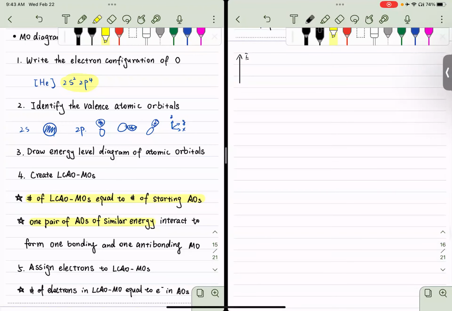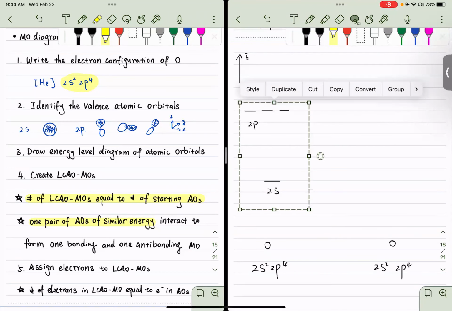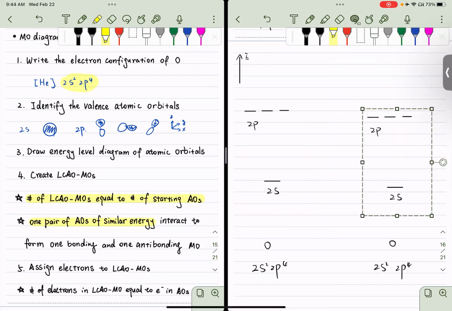We're talking about oxygen with valence atomic orbitals 2s2, 2p4, and the same on the right, 2s2, 2p4. The energy levels of my 2s and 2p atomic orbitals are shown here. The 2p atomic orbitals are degenerate, and the right-hand side is the same.